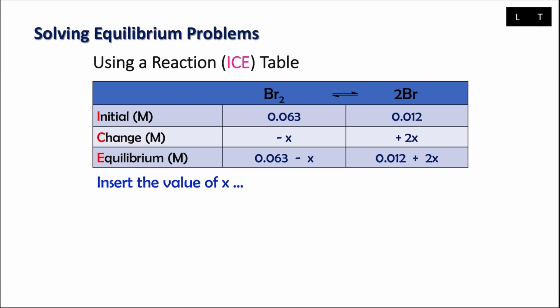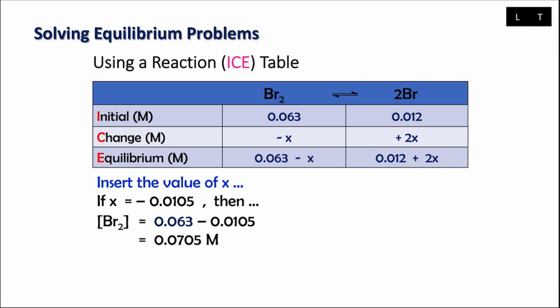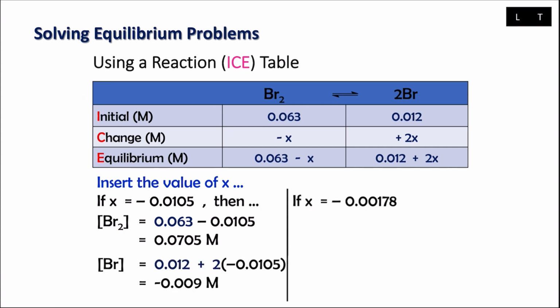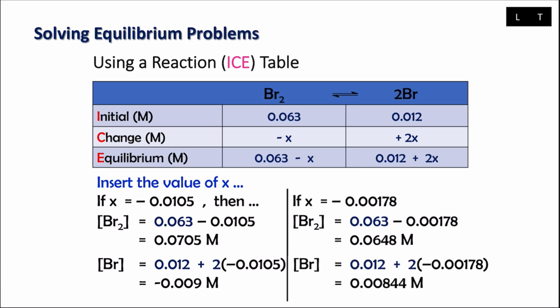Just try and error to insert the value of X. Sekiranya value X awak adalah this one, so bila awak masukkan dalam awak punya expression Br2 dan juga Br, concentration mereka adalah this one. And then for X, another one more, negative 0.00178, awak akan masukkan value dia. Untuk Br2 dan Br, concentration mereka adalah this one.